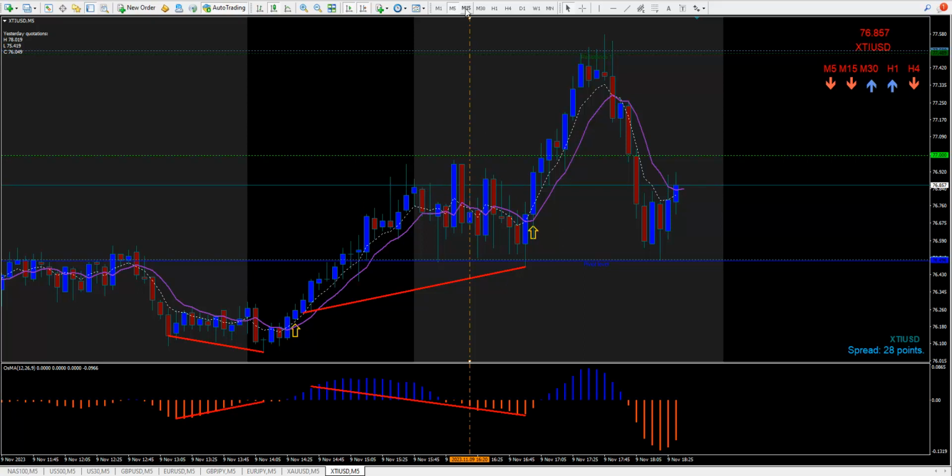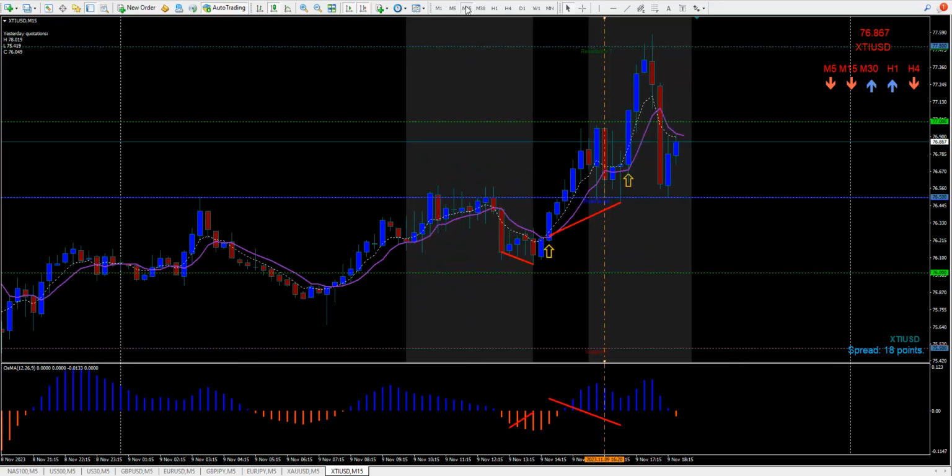Now, if we go on the 15-minute, do we see the 5 below the 7 here? No, we don't. They did a bunch of trickery here. My reason for selling was divergence. There was divergence on the 5-minute. But on the 15-minute, the arrow at the time was blue.